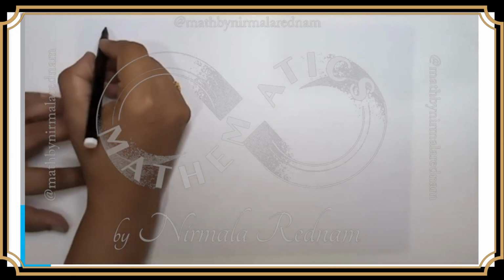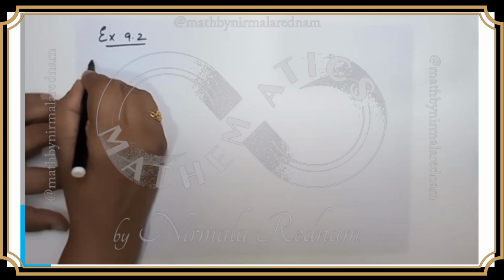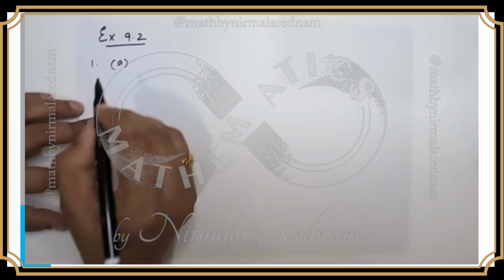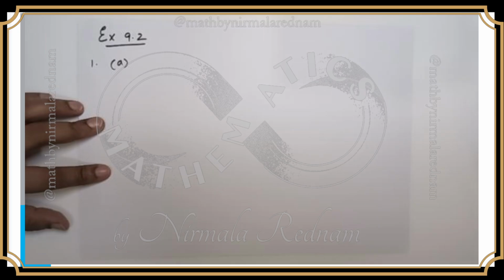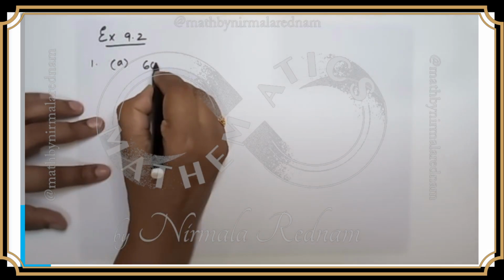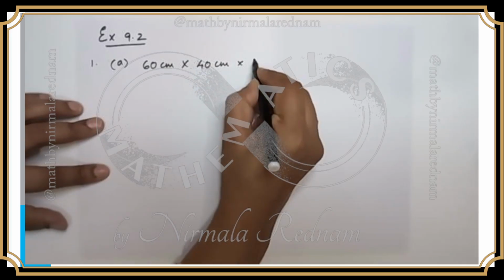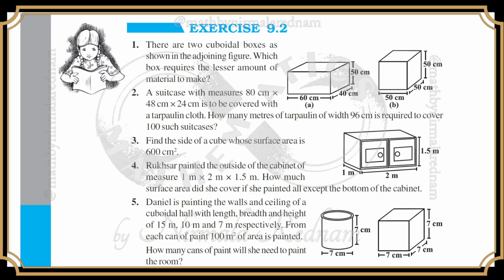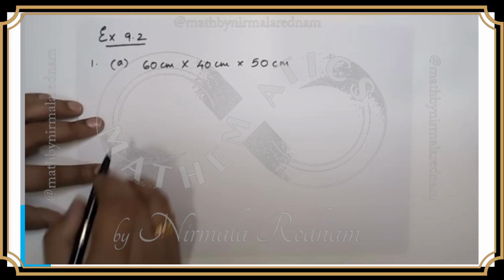So I have the first one is a cuboid, right? So what are the dimensions here for the cuboid? 60, 40 and 50. So whenever the dimensions are given to you for a cuboid, this is the standard representation of that.